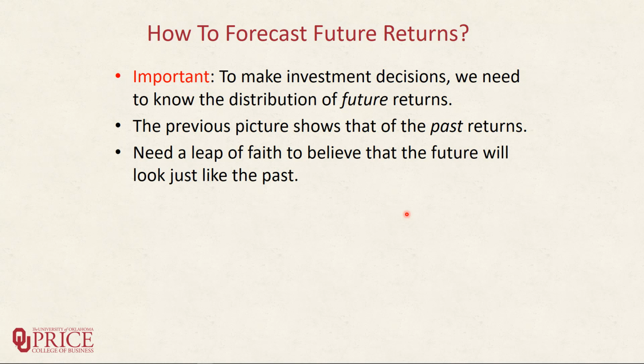Well, all we need is a leap of faith. We basically have to believe that the future stock return distribution is going to look somewhat like the past stock return distribution. And of course, you have to keep in mind there's no guarantee that this assumption is true. That's an assumption we have to make.